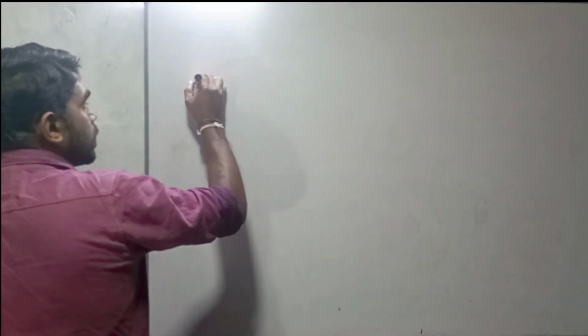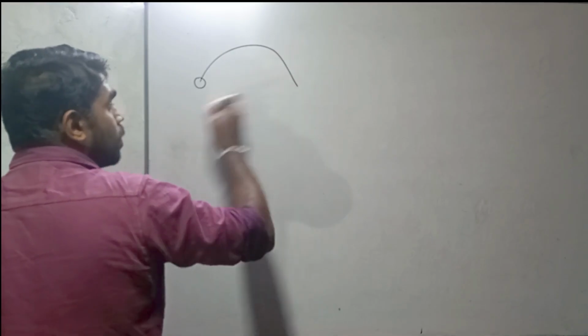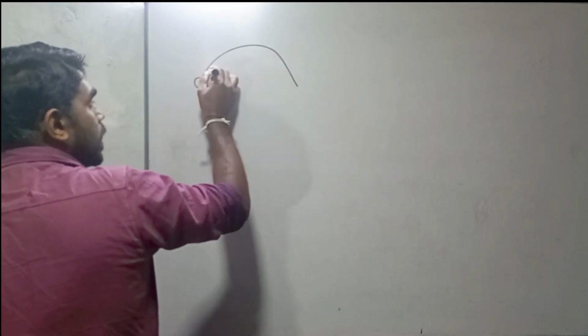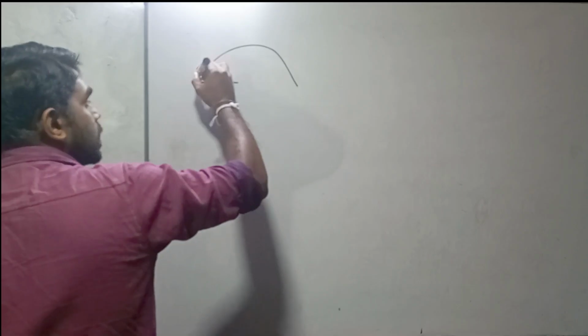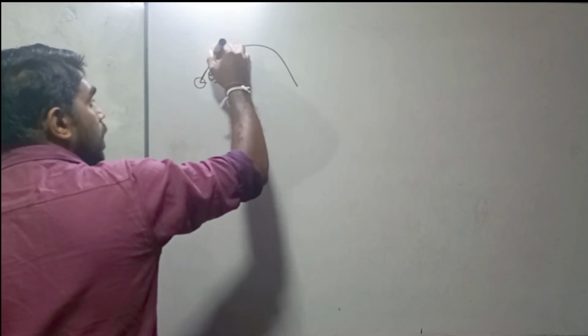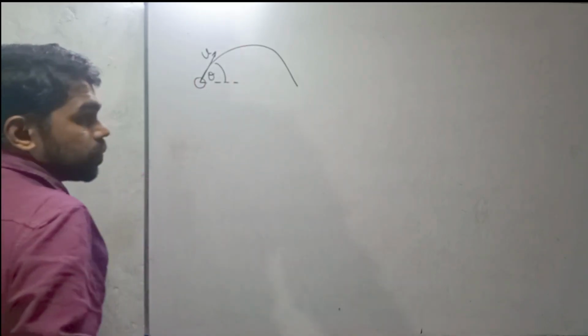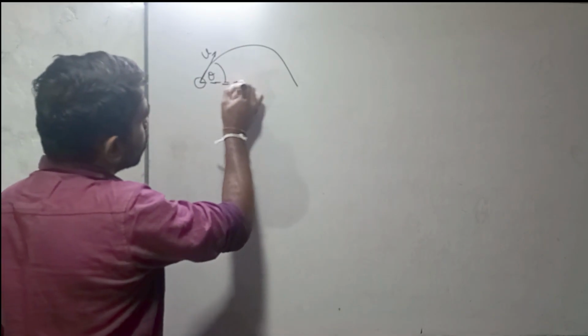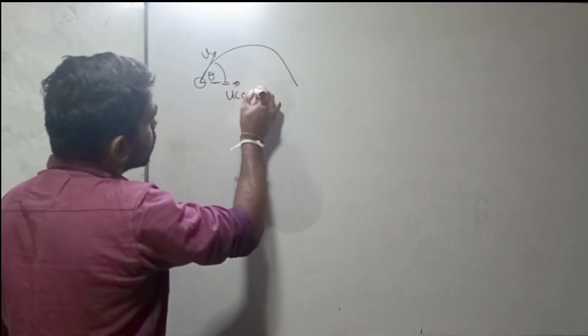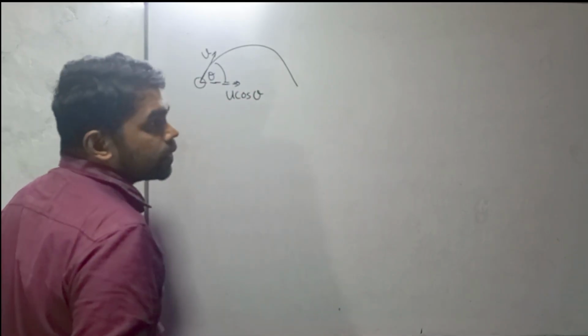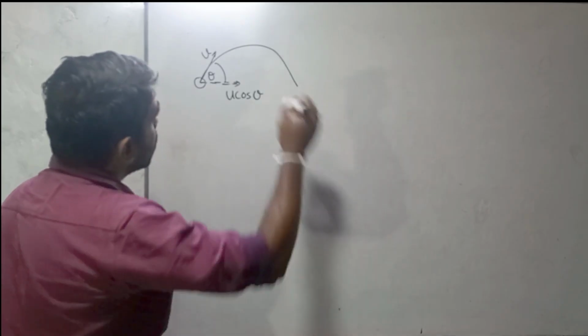We know that when considering projectile motion, if the projected angle is theta and the initial velocity is u, the horizontal velocity component is u cos theta. It is not changing during the motion.